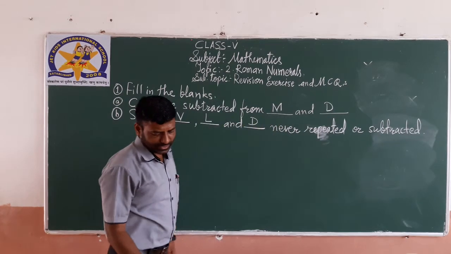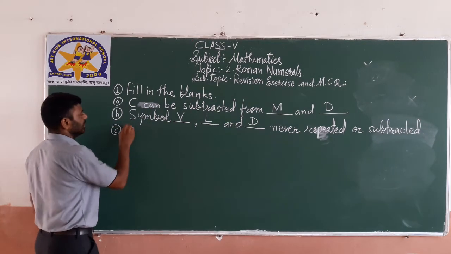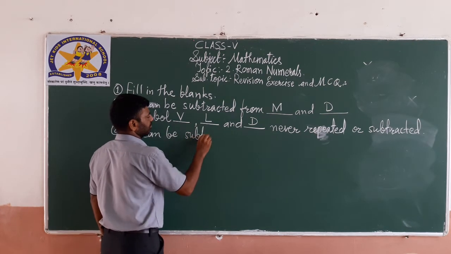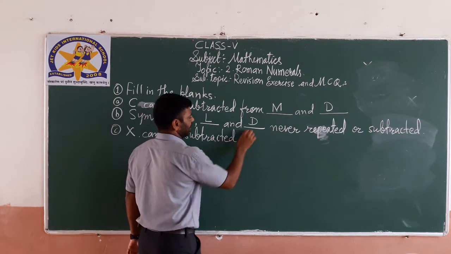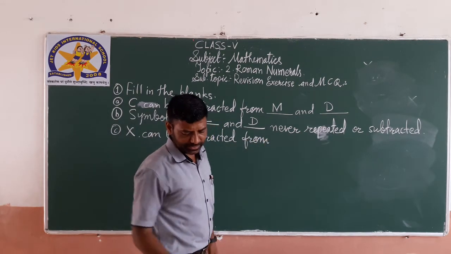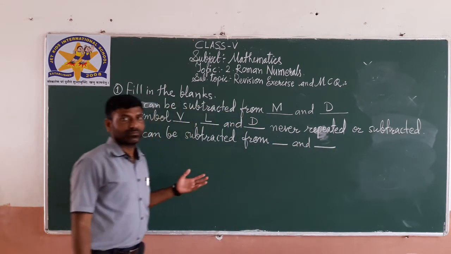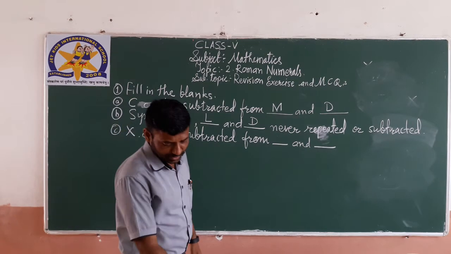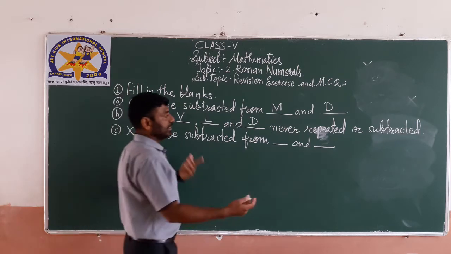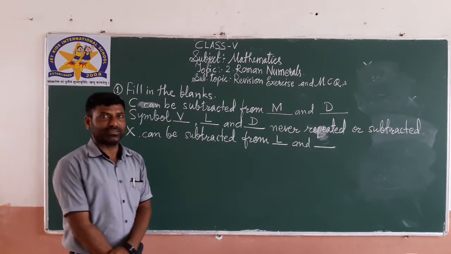Okay. Now, X can be subtracted from dash and dash. See how we write 40 and how we write 90, XC.